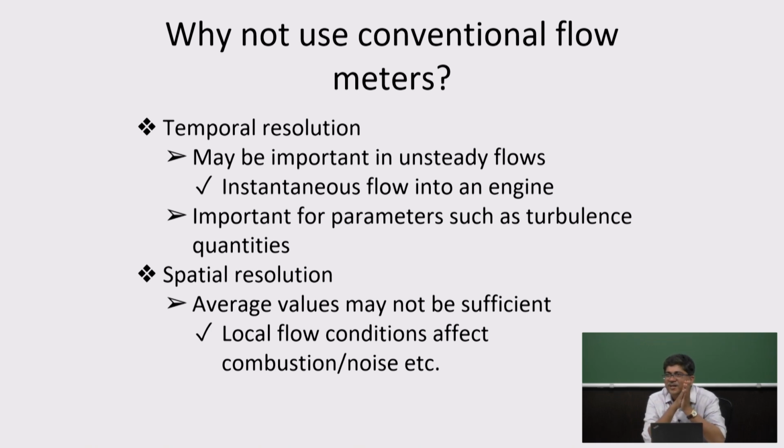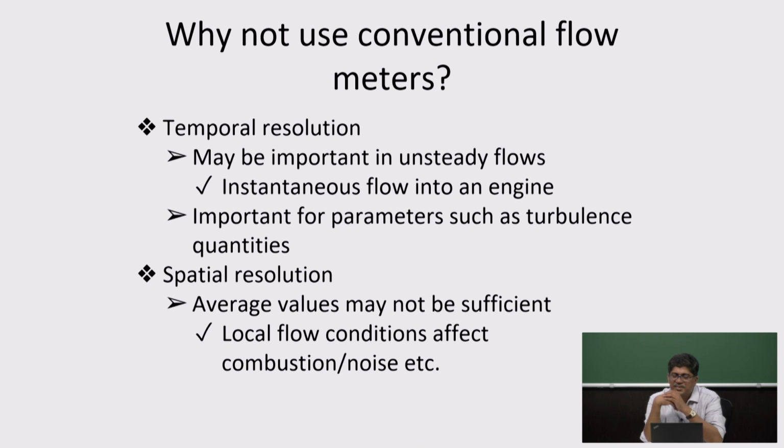Temporal resolution is especially important if you have a very unsteady flow. Let's say you use a hot wire and there is a flow going on. It will take an average after some time. So if you have fluctuations with time variations, especially in turbulent flows, you will not be able to capture them. You get the mean velocities but not the variation in the velocities.